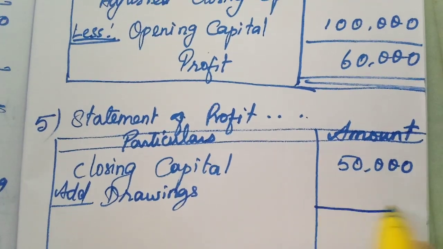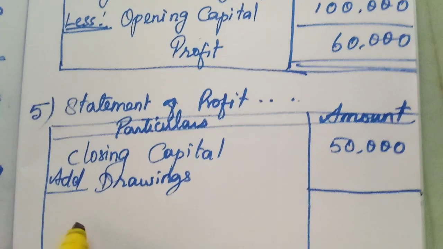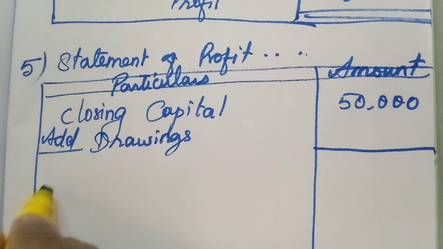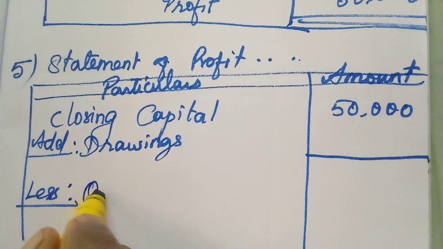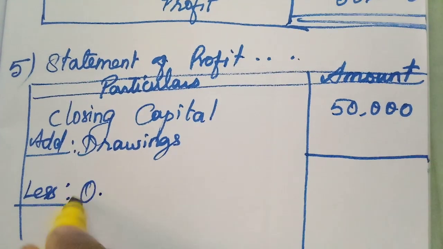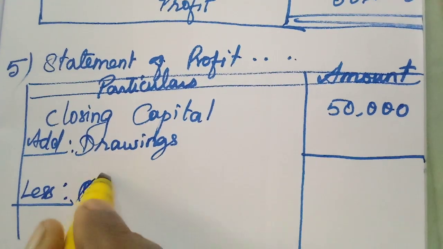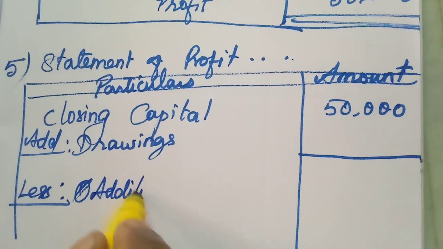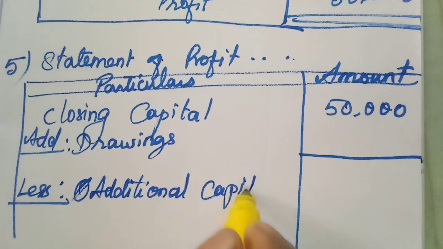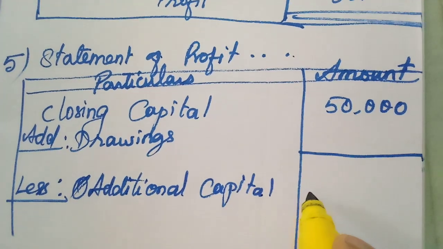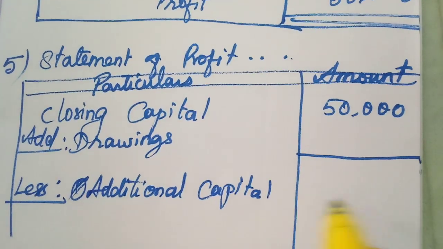So leave the space and draw the line, and leave a little more space and write less opening, less additional capital. Additional capital. What is the additional capital? 7,000.